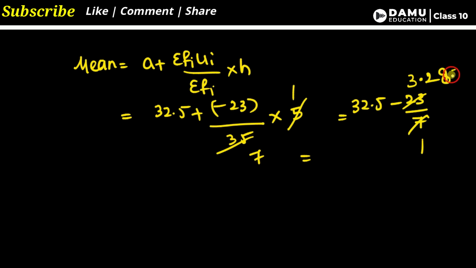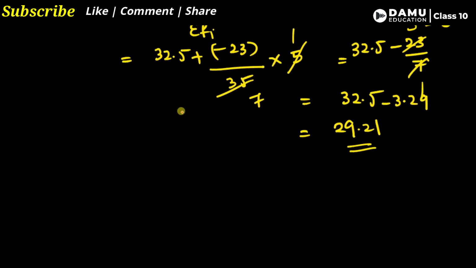So 32.5 minus 3.29. Then subtract from this. 32.5 minus 3.29. What answer we will get? That is 29.21.